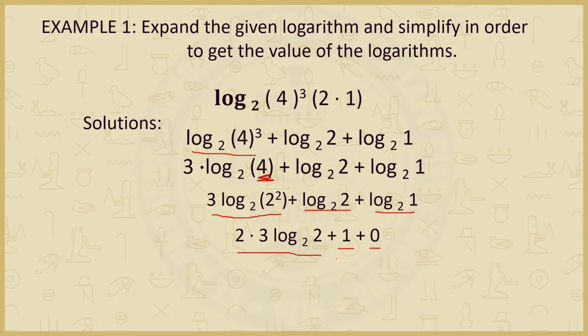So we are going to simplify them further. 2 times 3, the answer is 6. And then the logarithm of 2 to the base 2, the answer is 1, plus 1. And 6 times 1, the answer is 6, plus 1 is 7. So this is now our final answer.